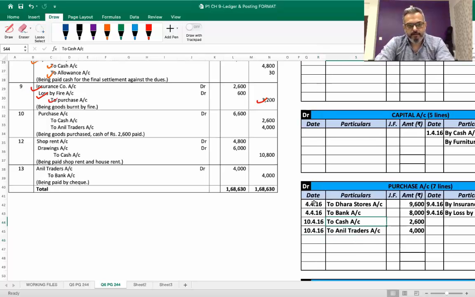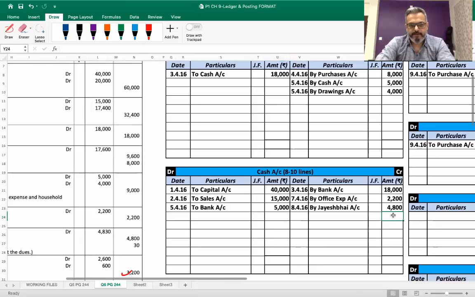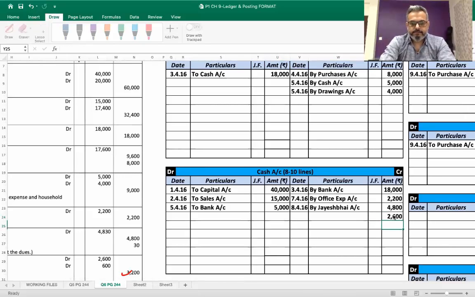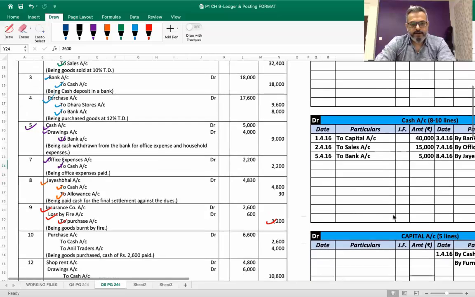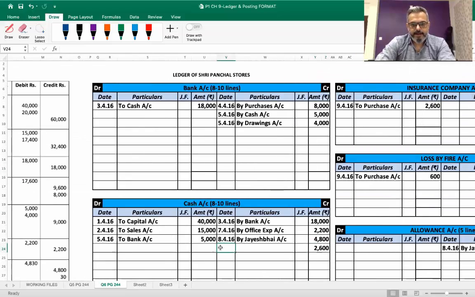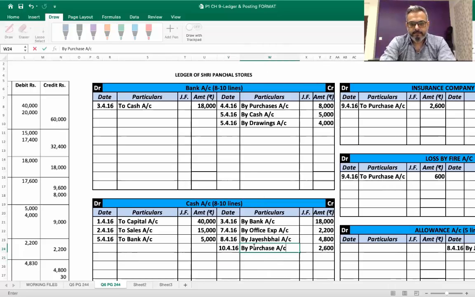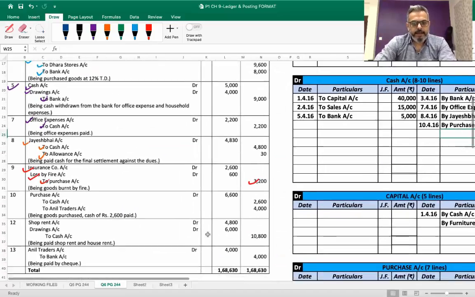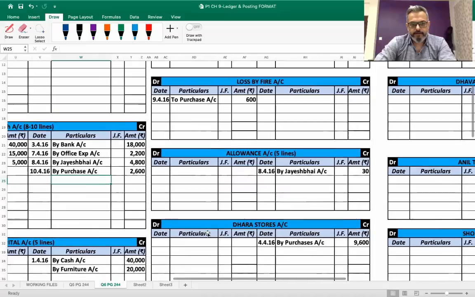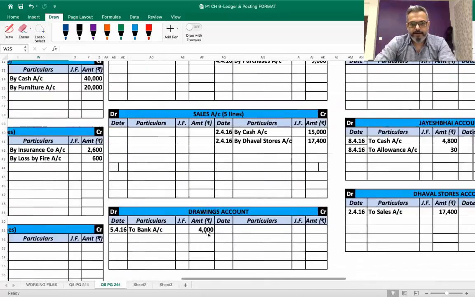Now, cash account and Anil Traders account, we have written over here purchase account debited by 6,600. Now let's go to cash account credit 2,600. Cash account credit 2,600. Date is 10/4/16. By purchases. And Anil Traders 4,000. So let's locate Anil Traders.